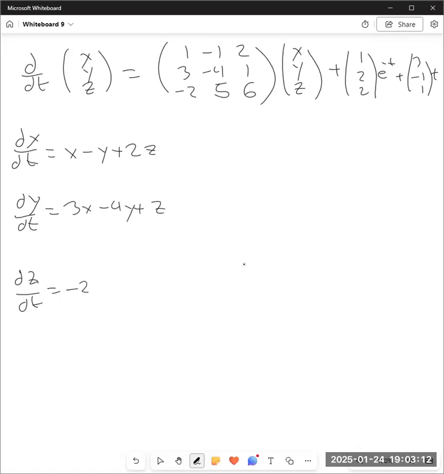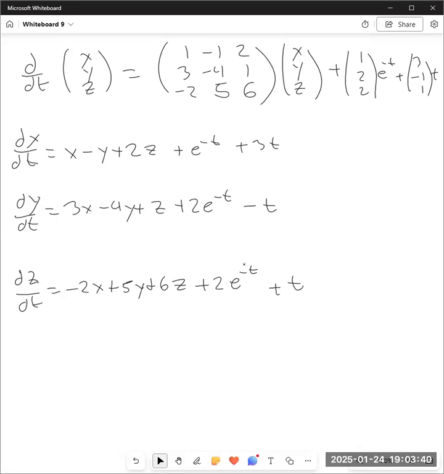And this is negative 2x plus 5y plus 6z. That takes care of the coefficient matrix times the variable matrix. Now I have an e to the negative t, a 2e to the negative t, and a 2e to the negative t. And then I have 3t, minus t, and plus t.